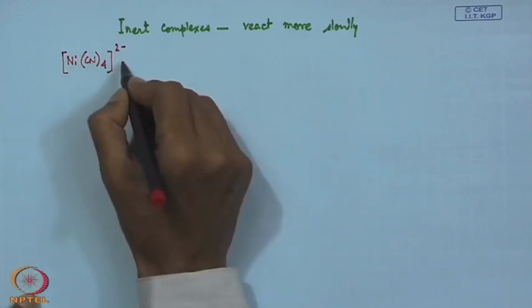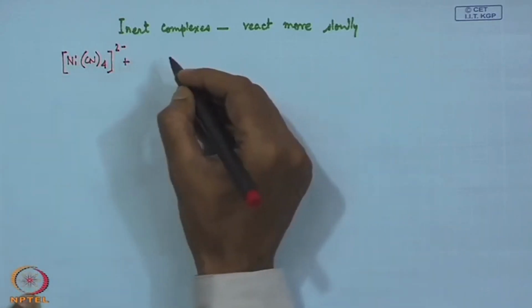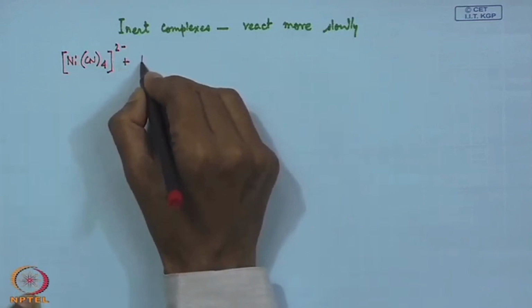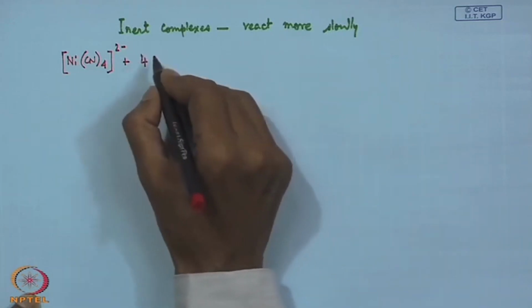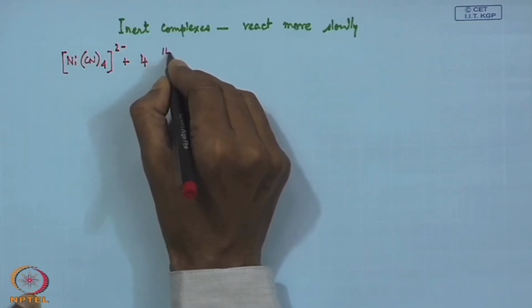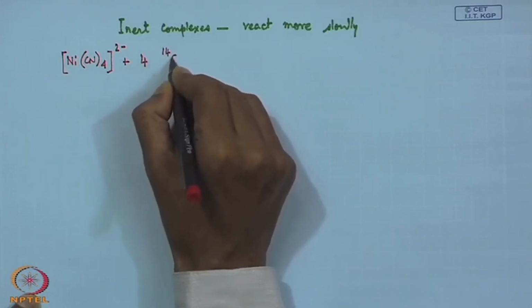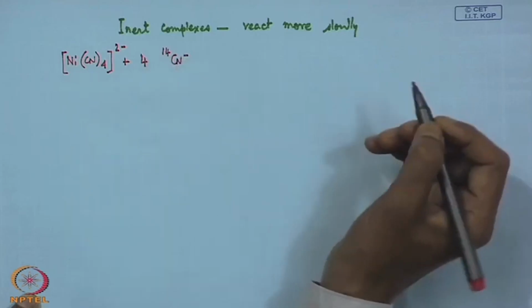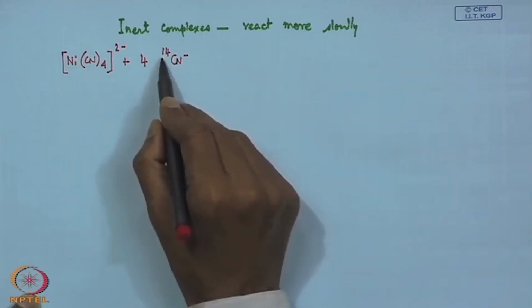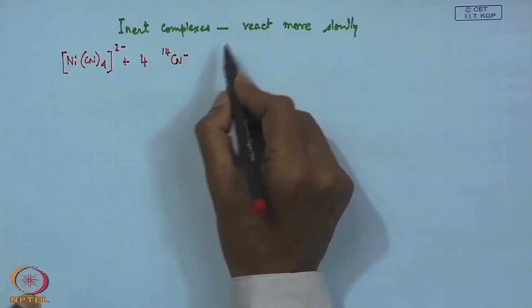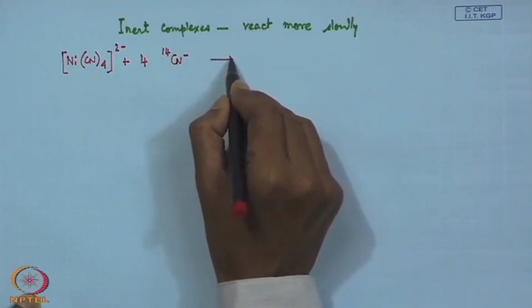And just like the water exchange reaction, we can also monitor the exchange of these attached cyanide groups with the labeled cyanide, where carbon is radio labeled with carbon-14.